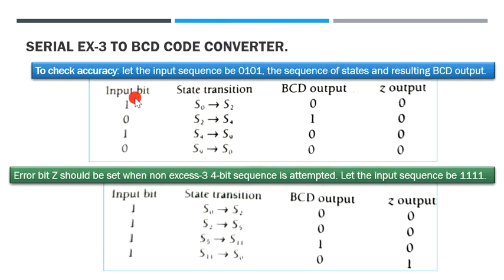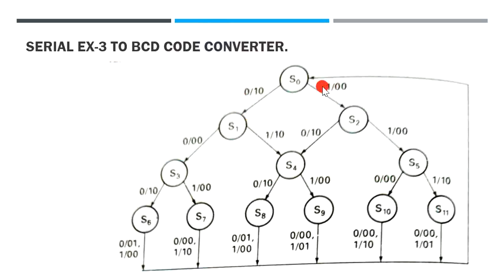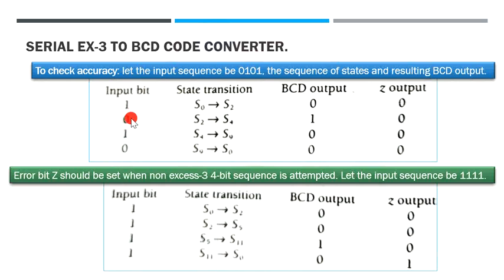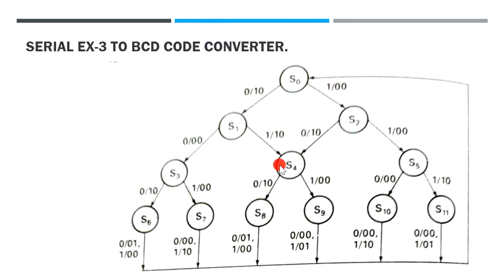If the input bit is 1, you will make a transition from S0 to S2, and BCD output will be 0 and Z will be 0. Next, if the bit is 0, you will make a transition from S2 to S4. BCD output is 1, Z is equal to 0.